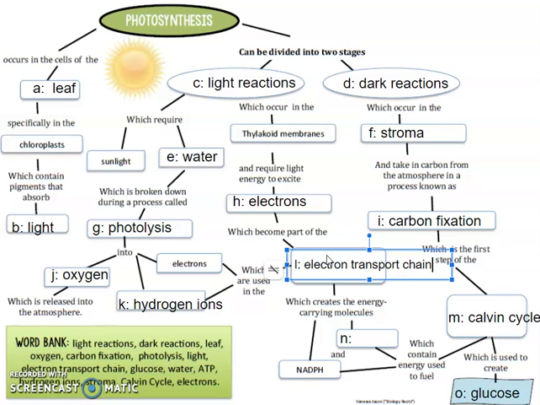And what basically happens here is electrons are passed from molecule to molecule, and the energy released is stored as ATP. And we know that this produces the most ATP compared to other processes, such as glycolysis. So it creates the energy carrying molecules NADPH and ATP as well.